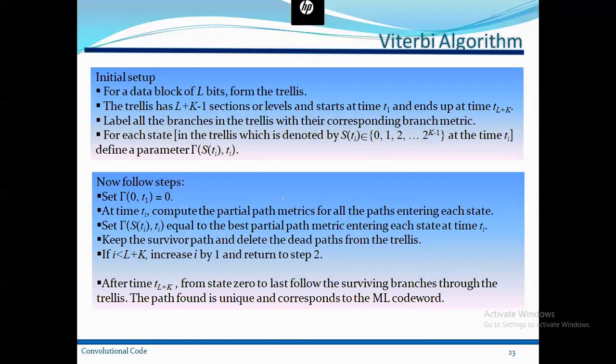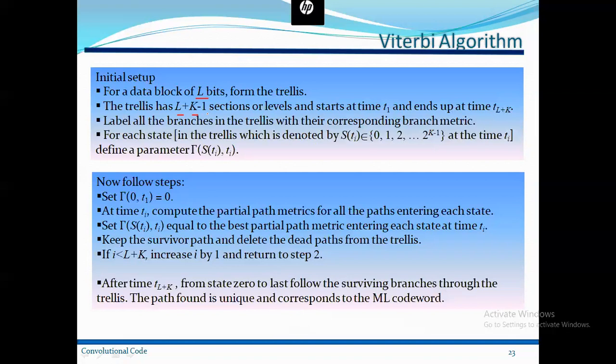So, for example, we have L equal to a 3-bit message from the trellis, and the constraint length is 3.